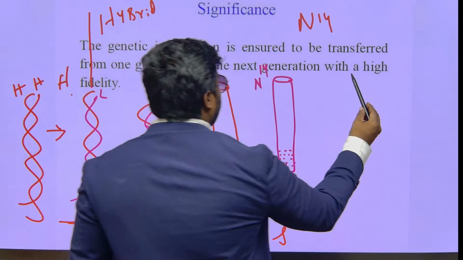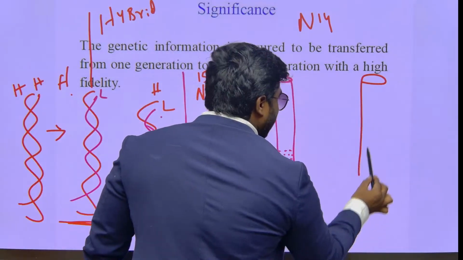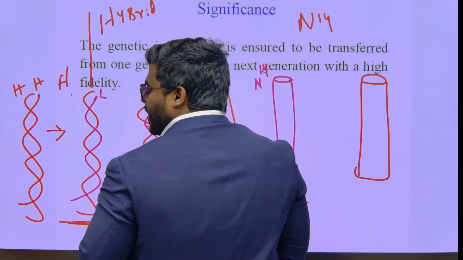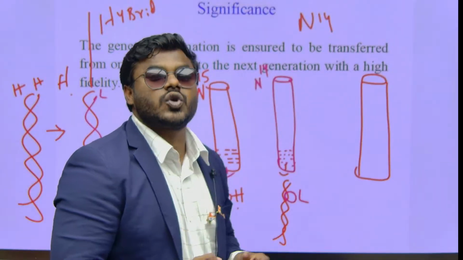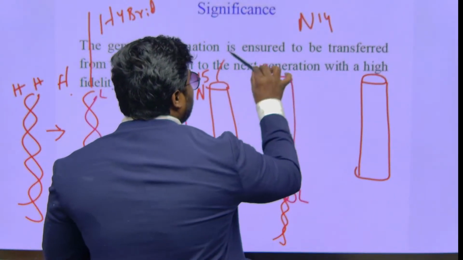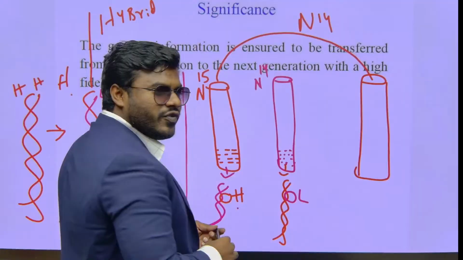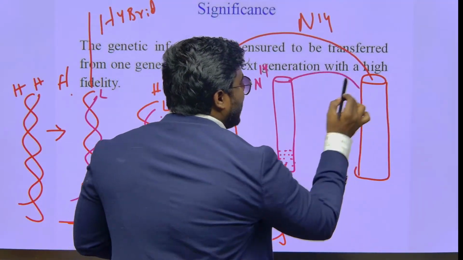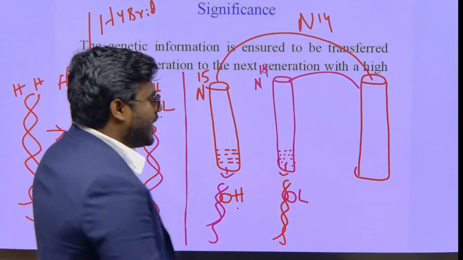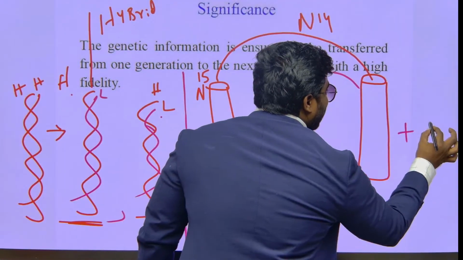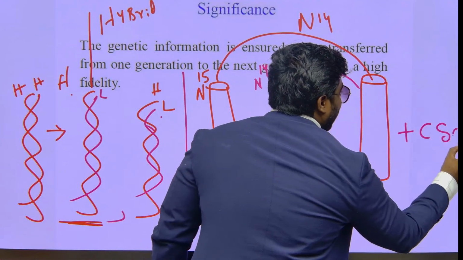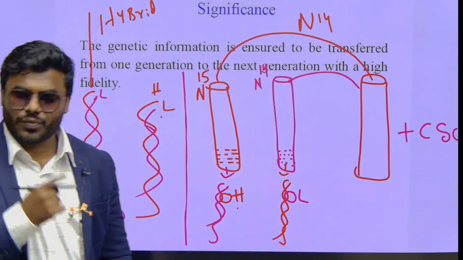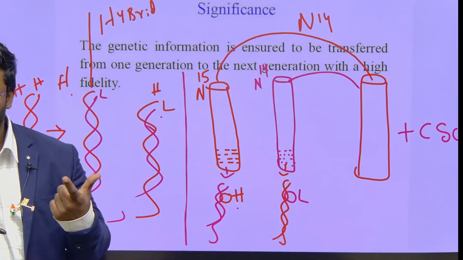Later, they took a test tube. This time, friends, they added equal portions of N15 as well as N14. And to this they added cesium chloride. Now the question is very clear: what is cesium chloride? It is a salt.